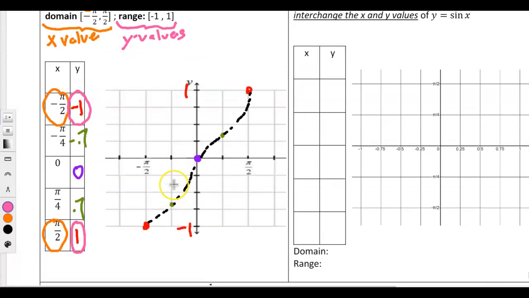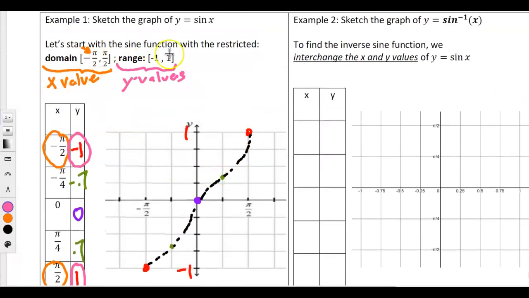Now, how this matters today is that the domain and range, when you're doing the inverse of any function, they just kind of switch places. So that's what it says right here to do. Interchange x and y, right? And that will give us the graph of arc sine.